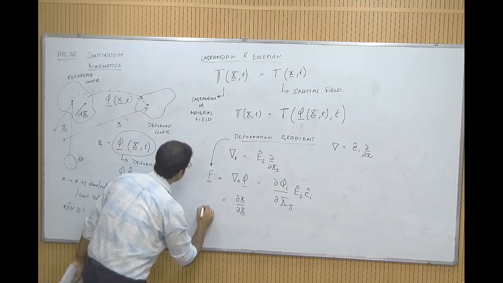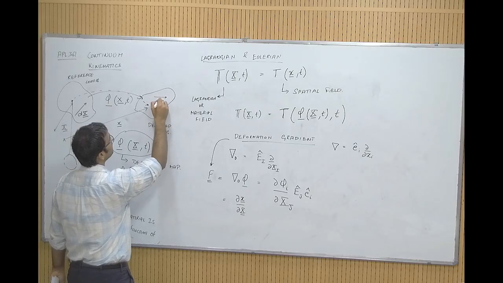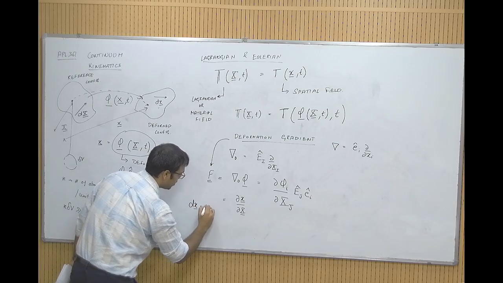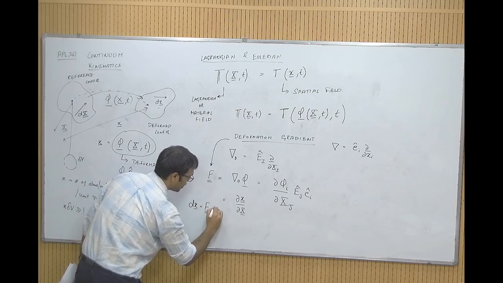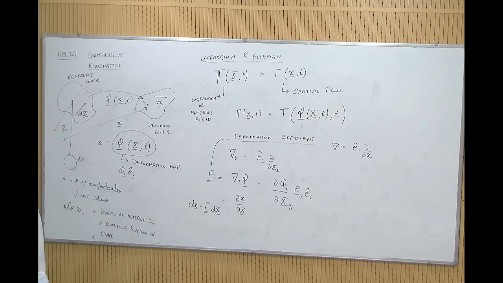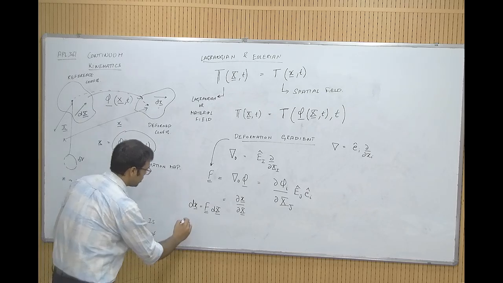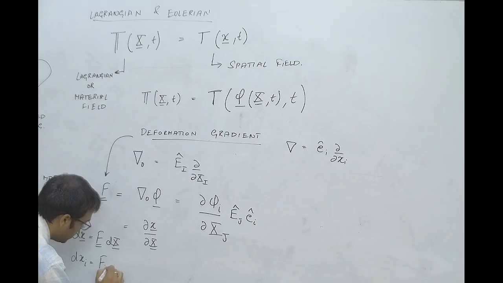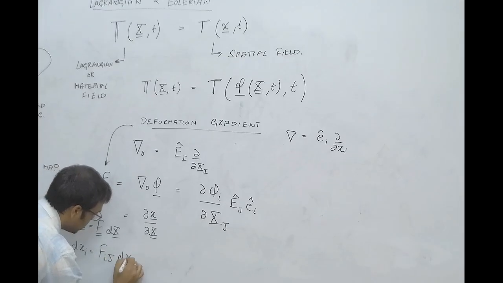And the answer is that, let's say this is your dX, then dx is basically F times d capital X. In the index notation, what I would say is dx I equals F I capital J dX J.